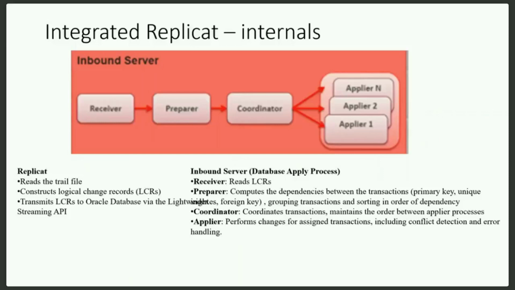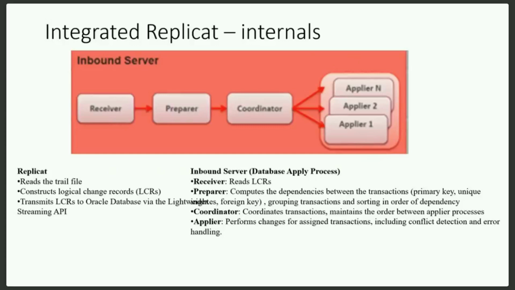So again, like the integrated extract, the integrated Replicat has its own internal processes. These are running like the log mining server engine. So you have the receiver, the preparer, the coordinator, and the biggest advantage of the integrated Replicat, and why I would advocate using integrated Replicats if you're running on Oracle 11.2.0.4 and above, is that it spawns apply processes on the fly depending on the load.